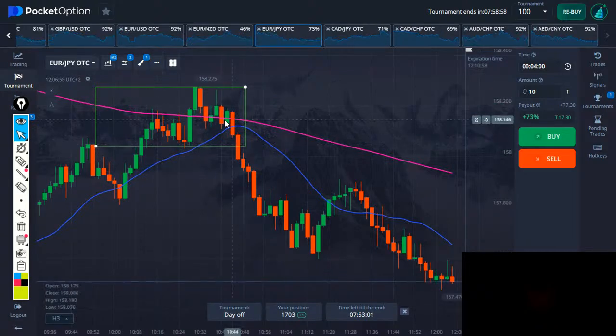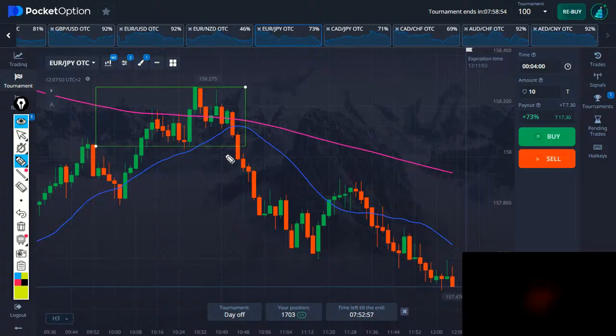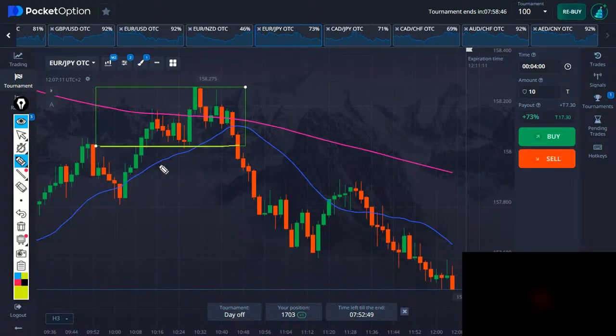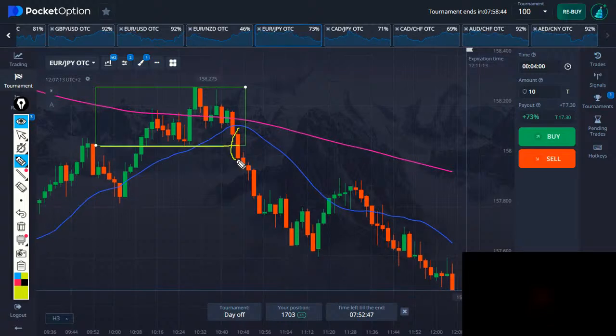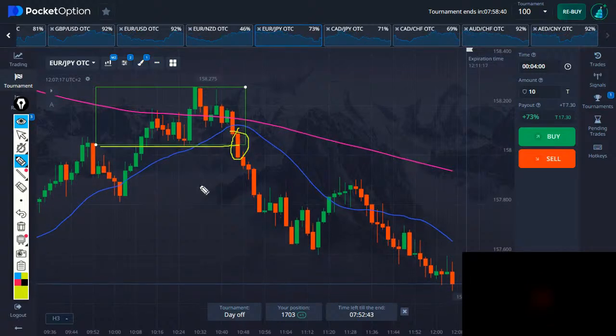Use the last 10 to 15 2-minute candles. Your entry point should be anywhere below the 20 moving average and below your swing low. So look at this one. It's a strong, sizable candle. If you compare it to previous red candles, it's bigger and stronger.